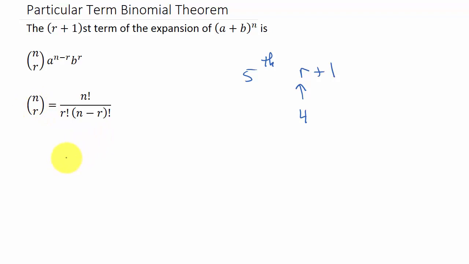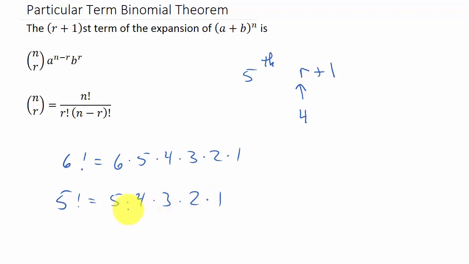If you have, say, 6 factorial, that is 6 times 5 times 4 times 3 times 2 times 1. 5 factorial would be 5 times 4 times 3 times 2 times 1, which would be 120. But that's what factorial is.